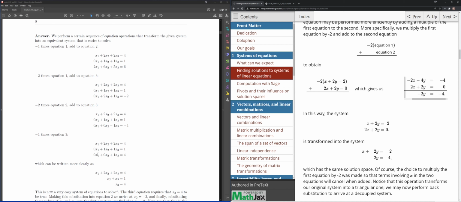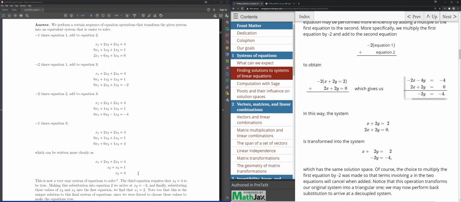Now I left these zeros here to compare to a later solution. But now 0 times x1 is 0, and so on, so that's just 0. So 0 plus this expression, I could just write as x2 plus x3 is equal to 1. And here, I can just write x1 plus x2 plus x3 equal to the constant.